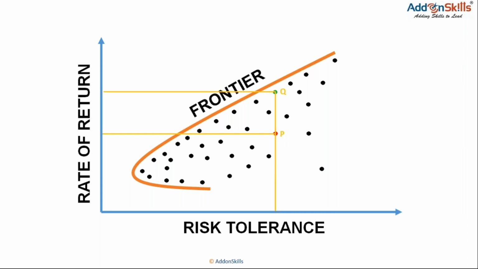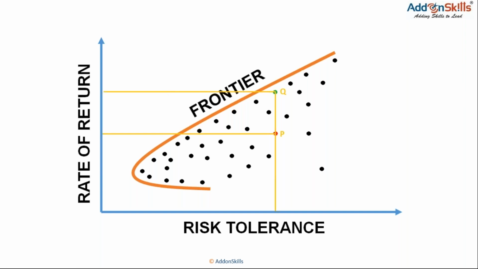The portfolio Q will give you a higher return compared to portfolio P. So you should select portfolio Q if you have the same amount of risk, which can be a cost risk, but the portfolio which will give you a higher return needs to be selected.